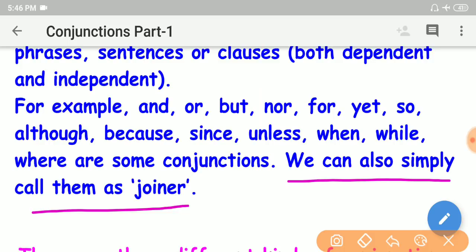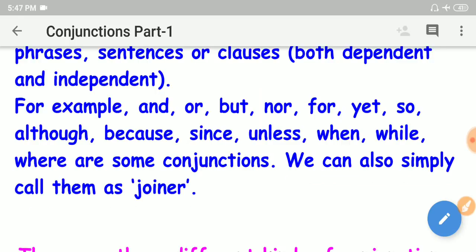Of course, you can ask, what is a clause? A clause has one subject and predicate, which gives complete meaning. So here conjunction is going to join such clauses, my dear friends.